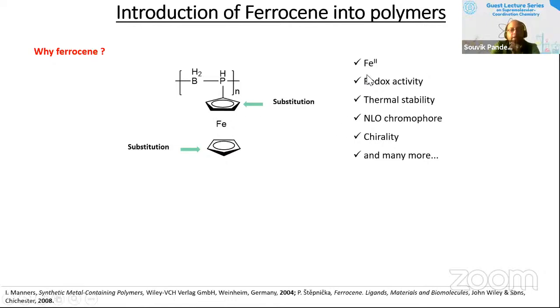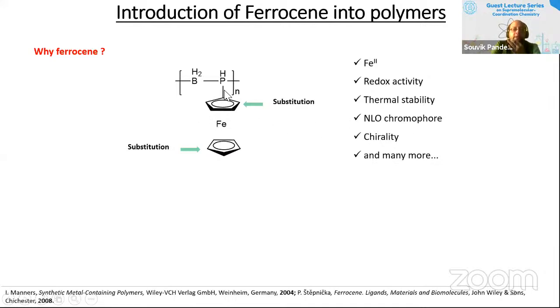Very interesting. And it has been observed that with the ferrocene moiety, when it is inside any molecule, it gives thermal stability. And interestingly, this metallocene iron, ferrocene, is a nonlinear optical chromophore. What does it mean?